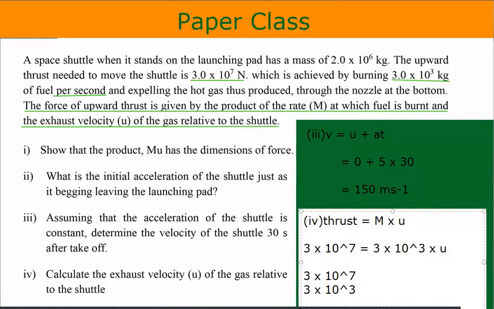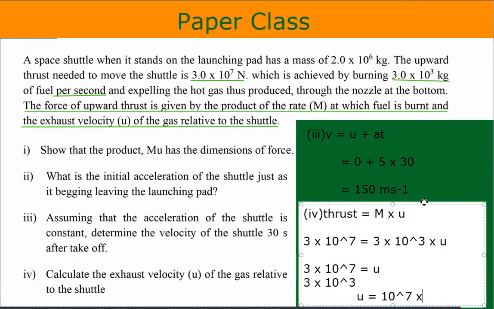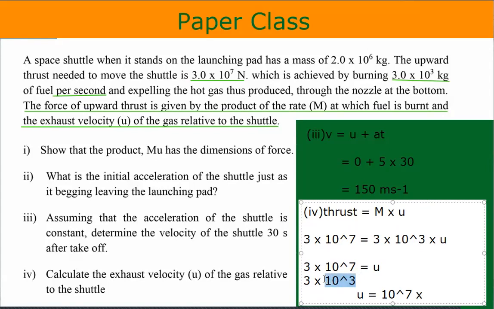Using cross multiplication, the only remaining term on the right-hand side will be U. Now you see that this 3 and this 3 cancel out. Then what will be the value of U? U equals 10 to the power 7, and the denominator 10 to the power 3 comes up as 10 to the power minus 3.